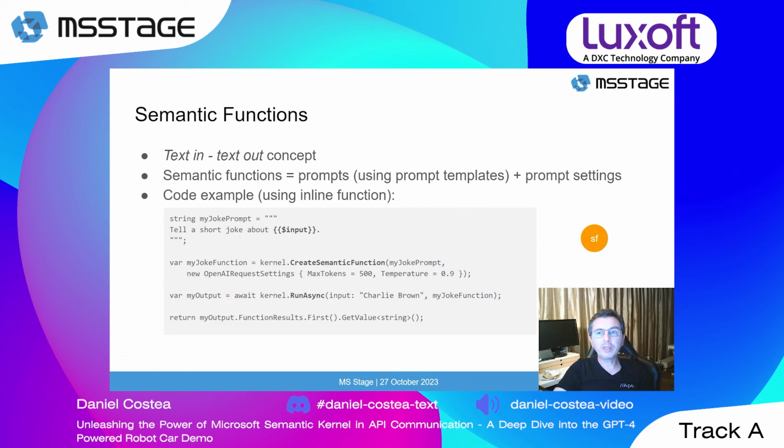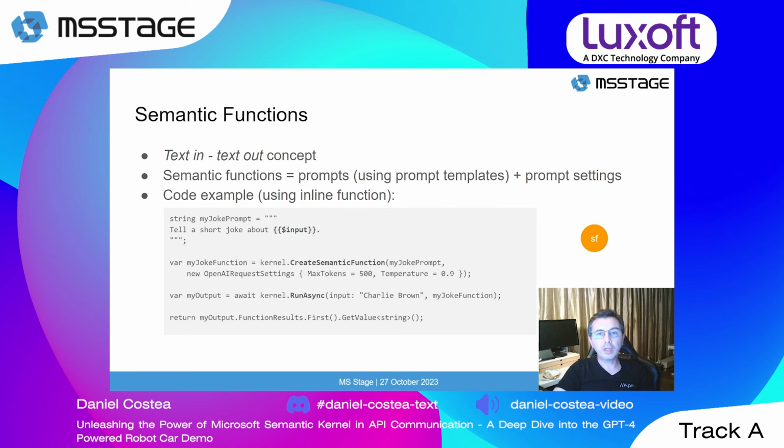But what are semantic functions? For building semantic functions, we will consider a concept called text in, text out. The text in, text out concept refers to the primary interface through which you can interact with the language model.